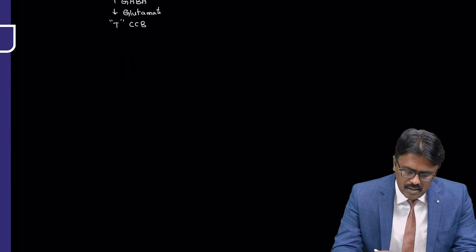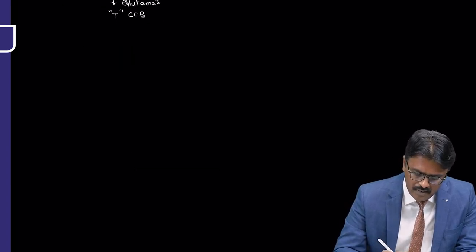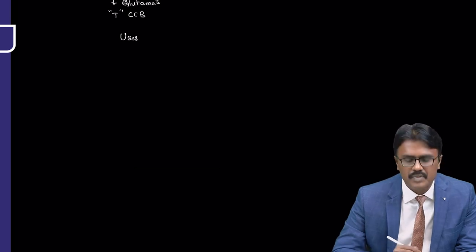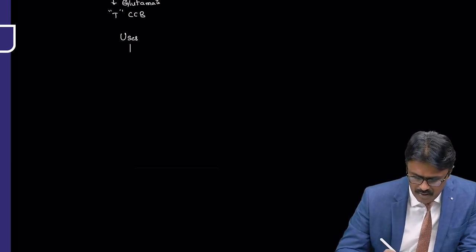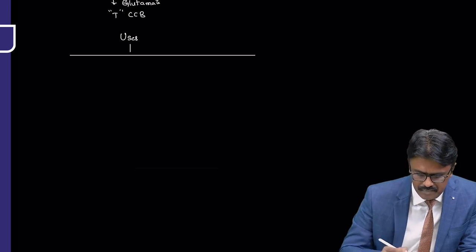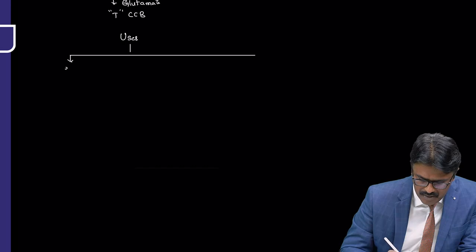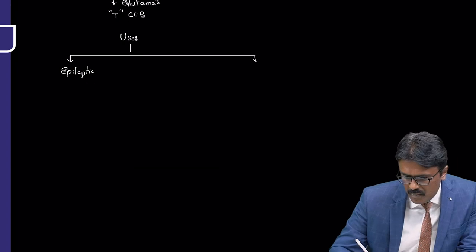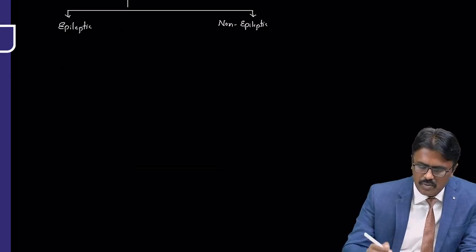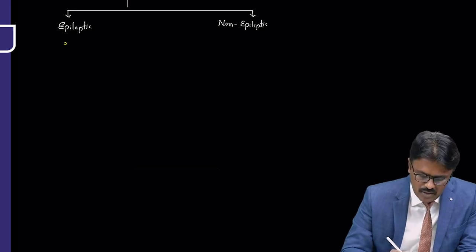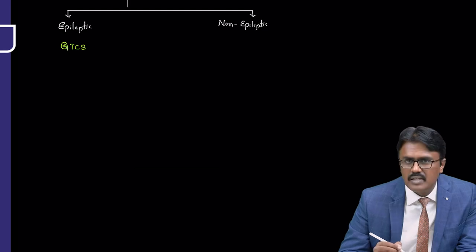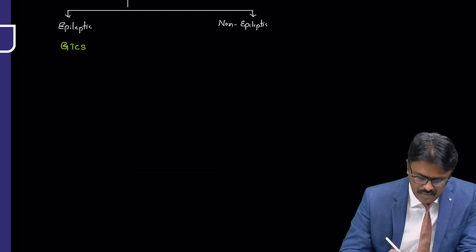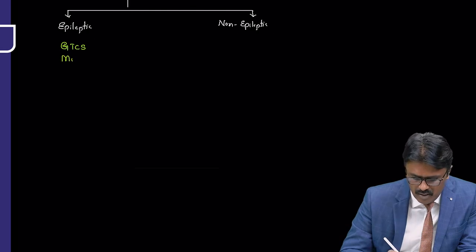So with that broad spectrum of anti-epileptic activity, where to use it? Uses. Let me classify that as epileptic and non-epileptic uses. So epilepsy, where to use it? And non-epileptic uses. Clear? So epileptic uses: it is used in GTCS, generalized tonic-clonic seizure. It is used in myoclonic seizure.